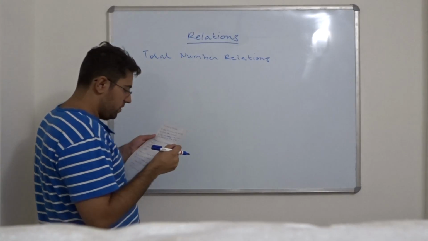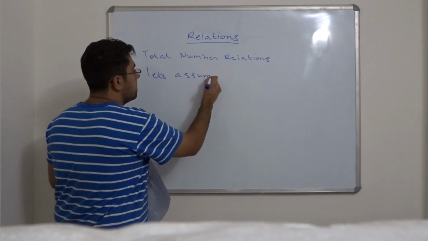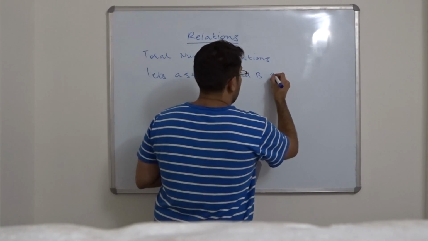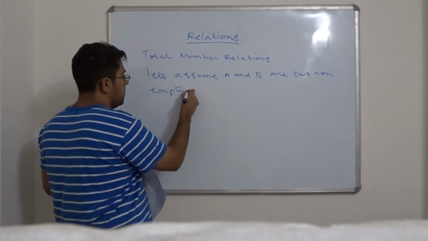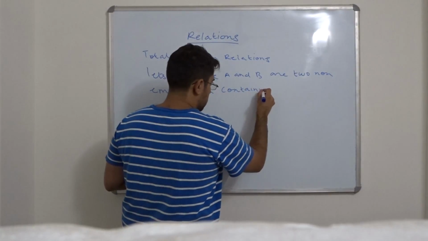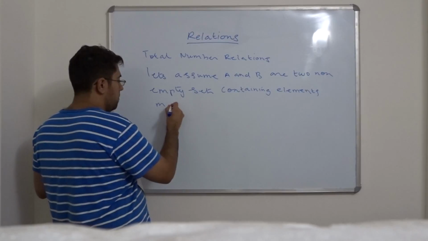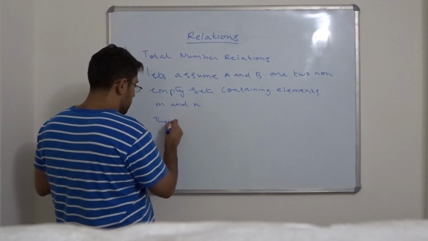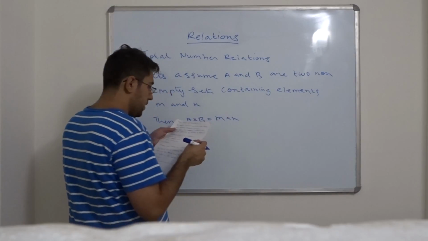Let's assume A and B are two non-empty sets containing M and N elements, and then A times B has M times N elements, as you already know.